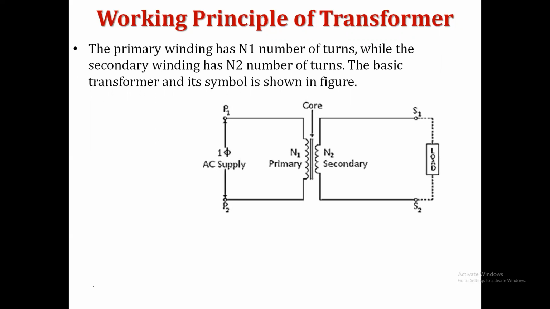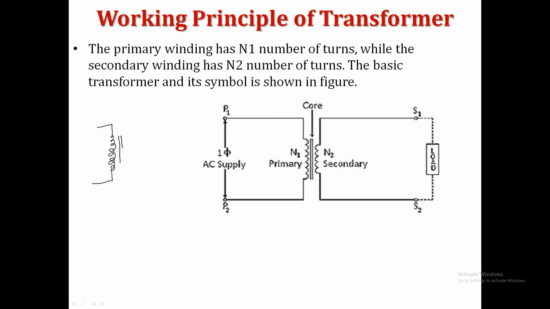If you see the symbol very carefully, as I say, the transformer will have two windings, two inductive windings, so the symbol of the transformer is like this. This is the inductive coil. Get it, my point?